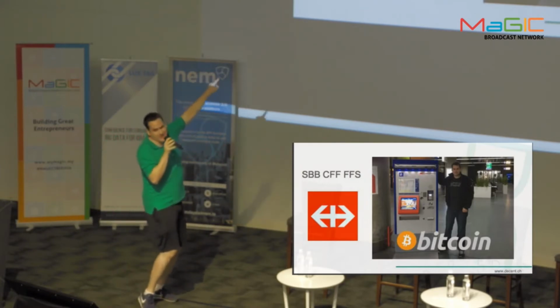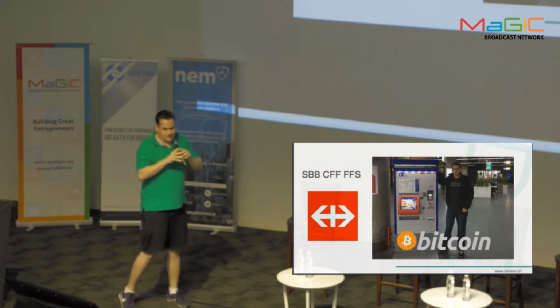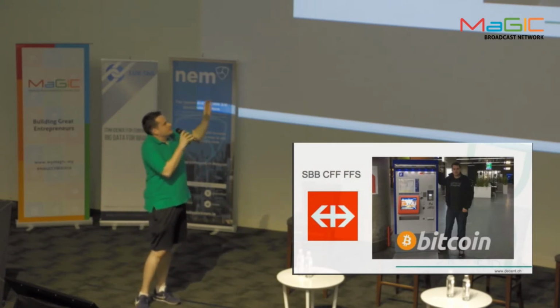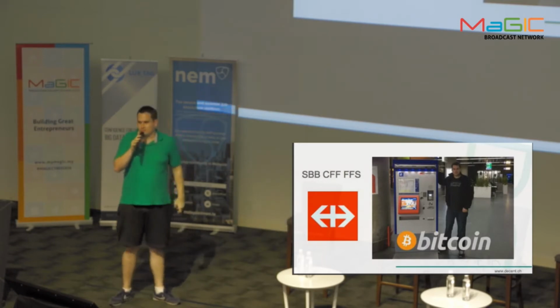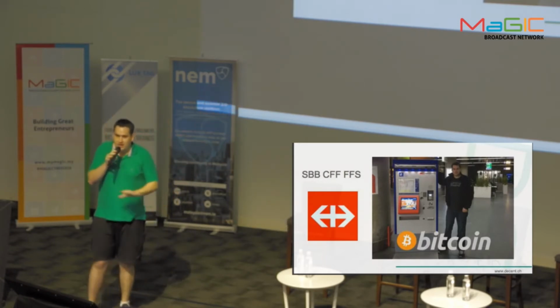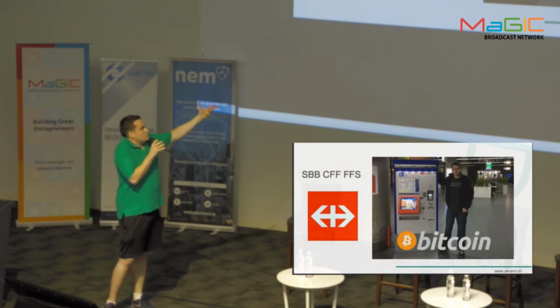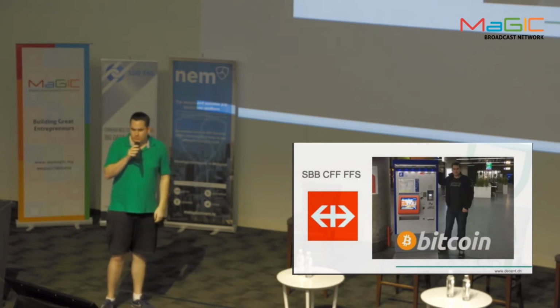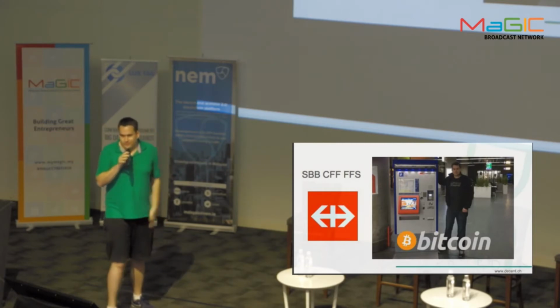So this is the explanation of the 9 letters there, but if you've been to Switzerland, you know what I'm talking about. You can basically buy Bitcoins at any train station in this kind of ticket machine, any. You just come with your Bitcoin wallet, insert cash and you get Bitcoins. So that's one of the reasons why we are in Switzerland.